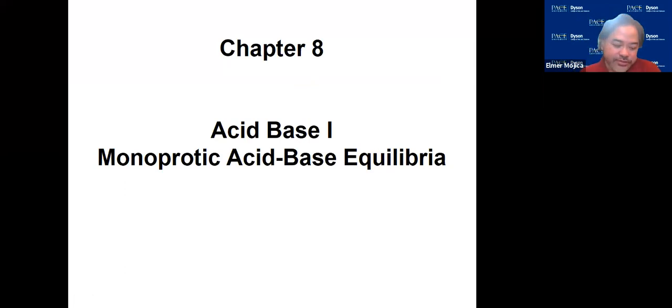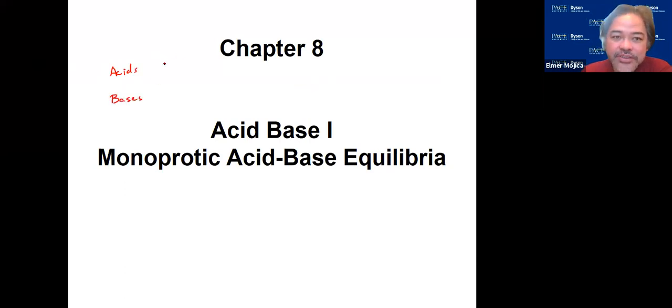Let's try to have a review about acids and bases and some concepts related to them. If you recall, there are lots of definitions of acids and bases.